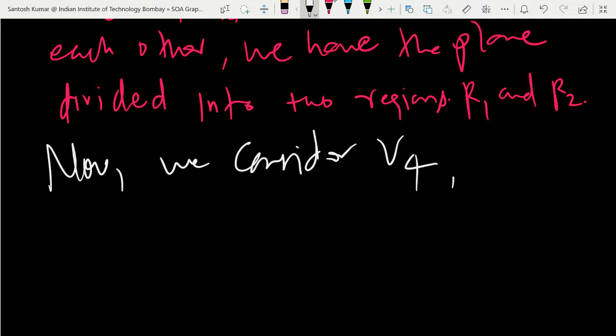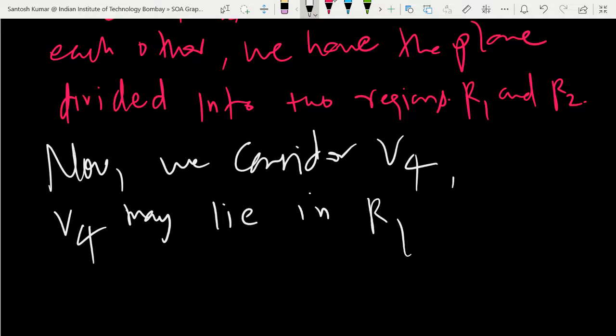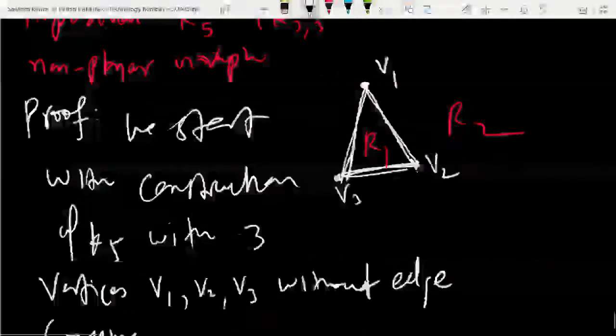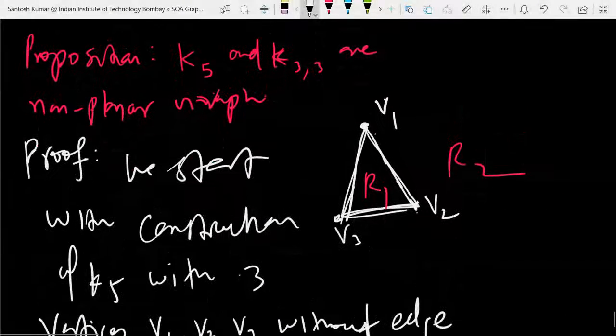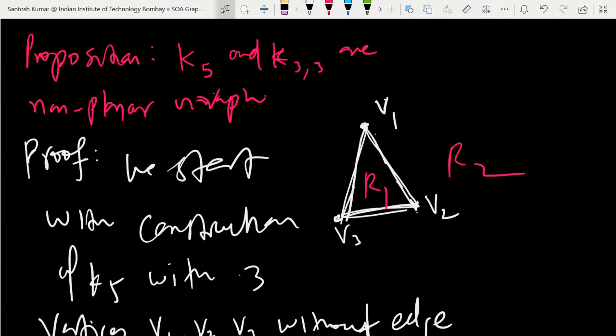So V4 may lie in, you have two choices, R1 region or R2 region. Okay. So where do you want to start with? I mean, which region should I continue the proof with? In R1 or R2? You tell me.